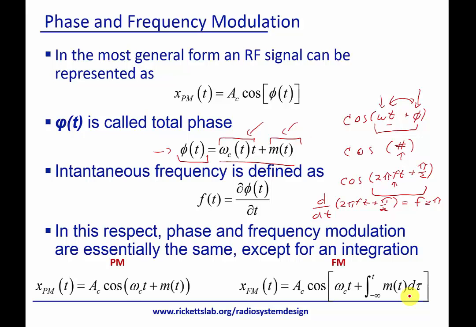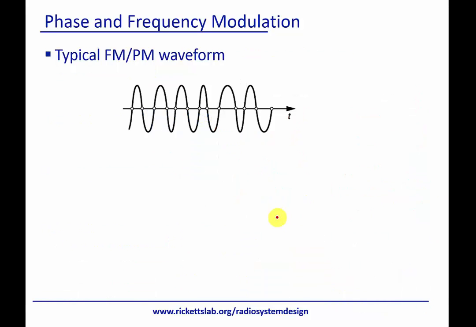So phase modulation we can think about as a fixed frequency where we modulate the phase, or frequency modulation can be written as the time integral of our phase change, or we could actually have omega c change. But this changing with time is equivalent to having omega c change with time, because it's all about phi of t. All right, so that's a little bit of mathematics about phase and frequency modulation, and here's just an example of an FM-PM waveform. Sometimes it's really hard to tell whether it's frequency or phase modulated, and the reason is because there is no difference, right? We're just changing that argument of cosine and sine.